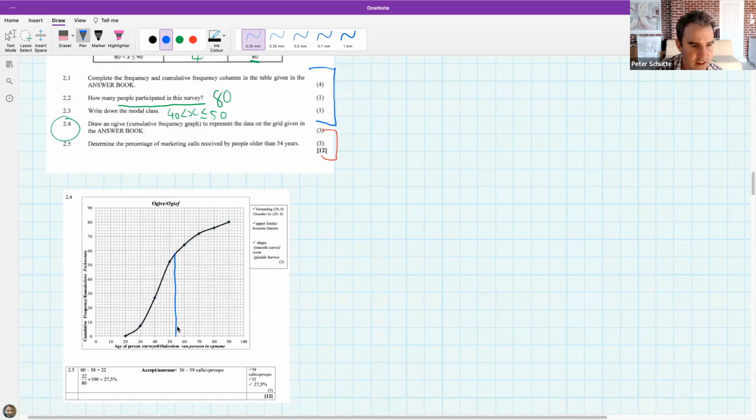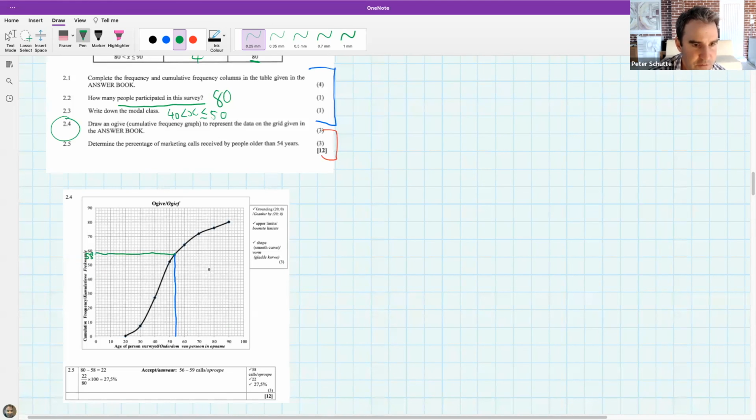Now, if I go 54 years of age, that means basically if I go to the left here, so guys, I don't want you to stress about this question because this is definitely a much, much higher level one, but it looks to me like we've got 58 people.